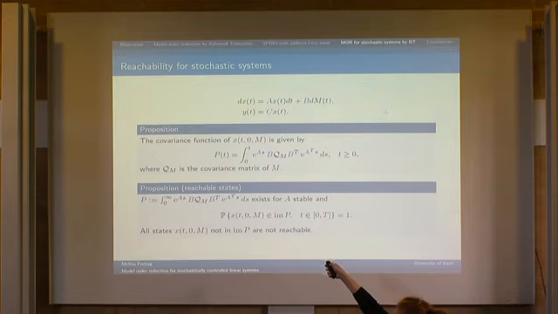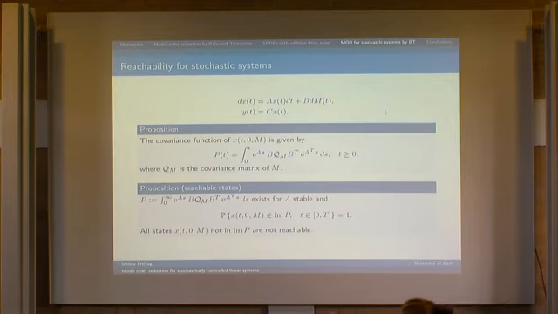If you look at this, the only difference to the deterministic system is that matrix Q here, which is the covariance of the stochastic process that I put in. For stable matrices, I can let t go to infinity, so I get in this case a Gramian matrix, but it's motivated slightly differently. So you don't do this as I did for the deterministic case.